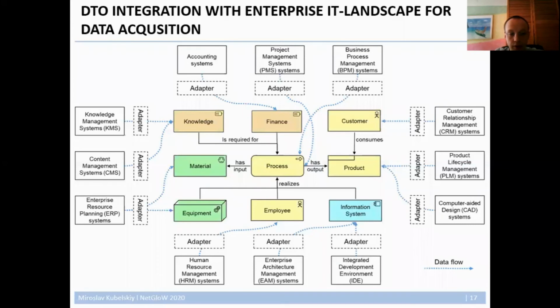This process is illustrated in this figure, where the main types of enterprise elements are presented, and the main types of information systems that contain data relevant to these elements are identified. Data flows pass through adapters from information systems to the corresponding ontology objects.